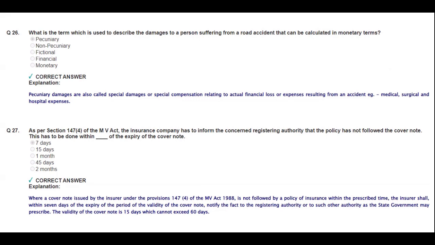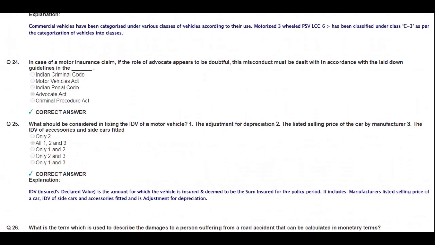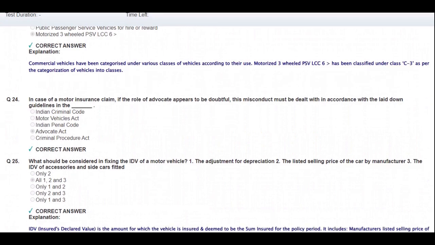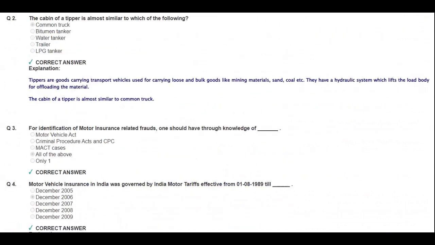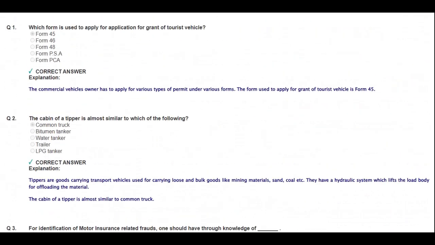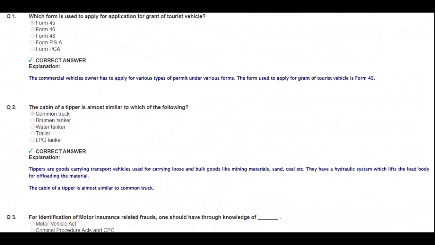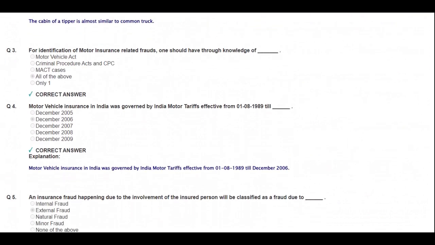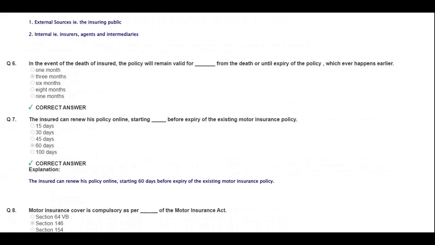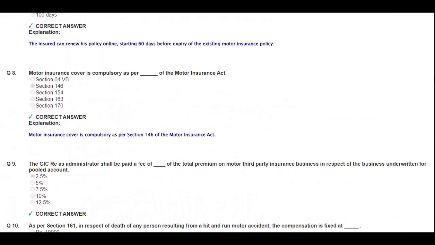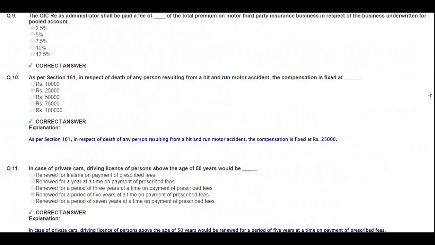In the third attempt, I have only one wrong question and the remaining are all right. Only in one question I will put a wrong answer, the remaining I will clear.